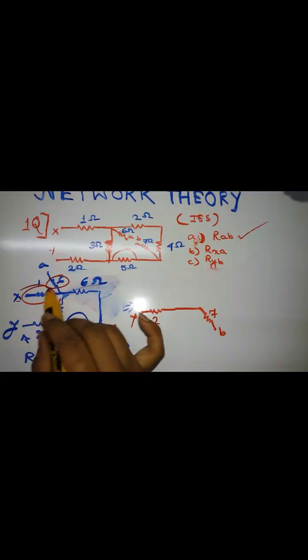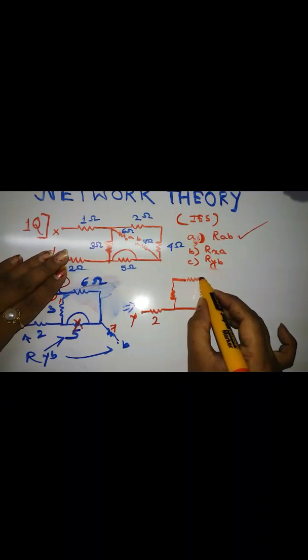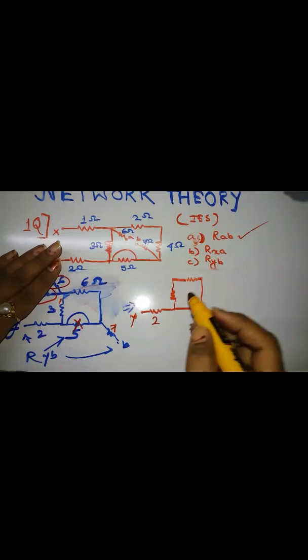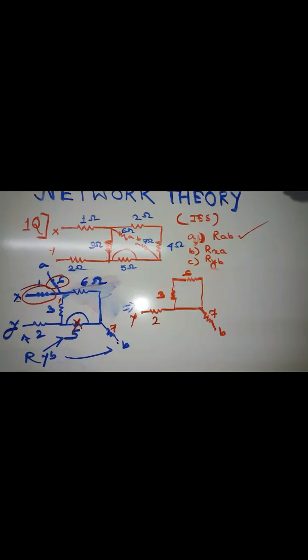Now we have ignored these two parts, but suppose we write the above part, this one you have ignored, right? Now if you write the above part like this, tell me, will it be considered while calculating RYB, right?